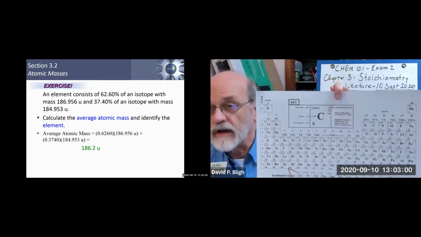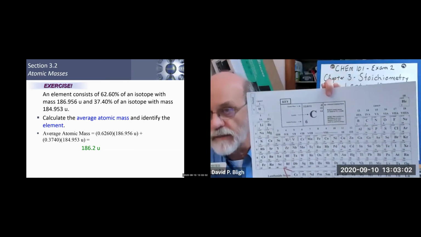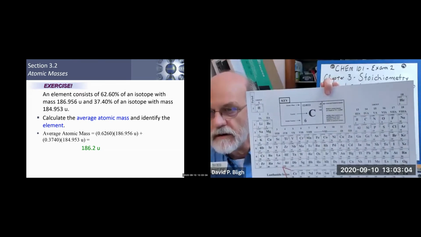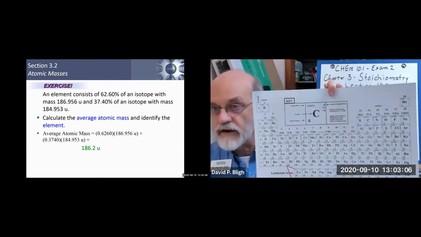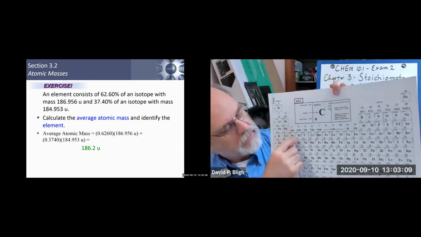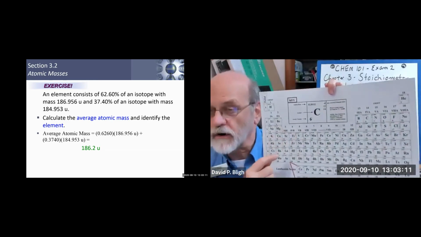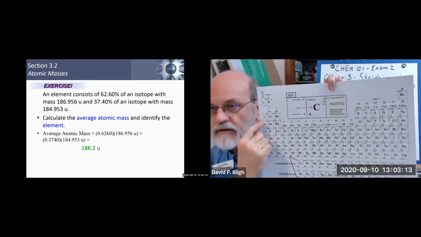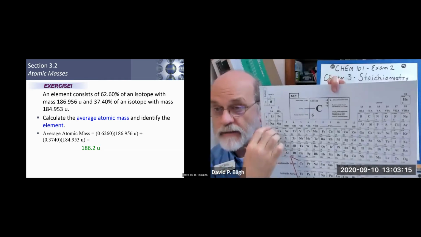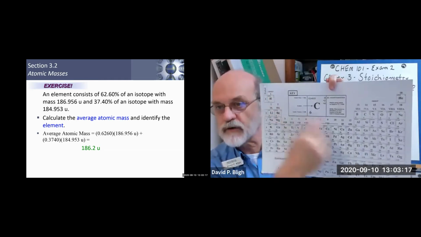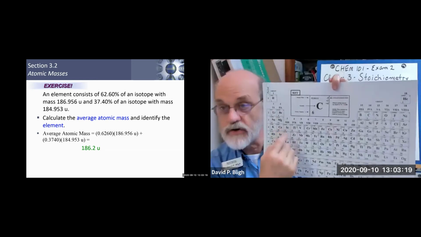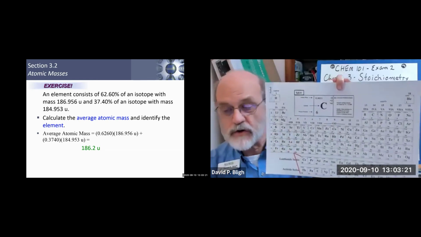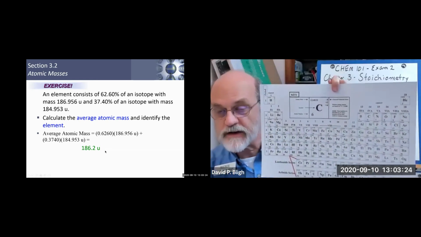What we know is the average atomic mass for this element. You'll notice that in the upper left-hand corner, the average atomic mass of each element goes up as you go from left to right and top to bottom. So you can get pretty close just using this value, 186.2.